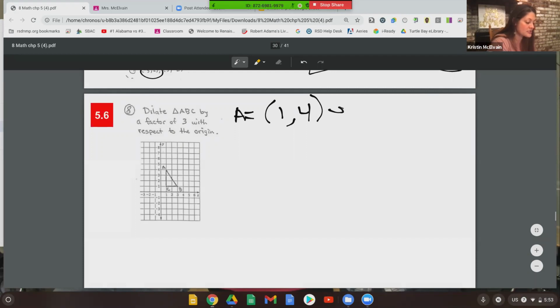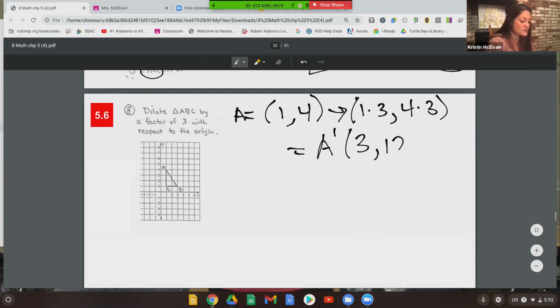So we are going to do 1 times 3 and 4 times 3. And that's going to give us our image. So A1 of 3, 12. Easy peasy, right?